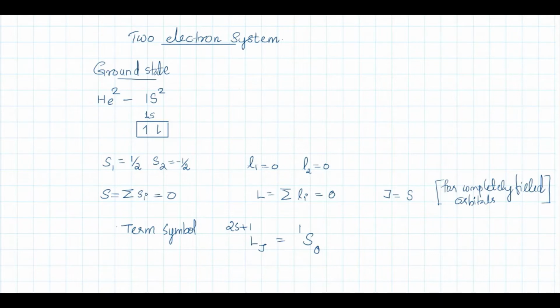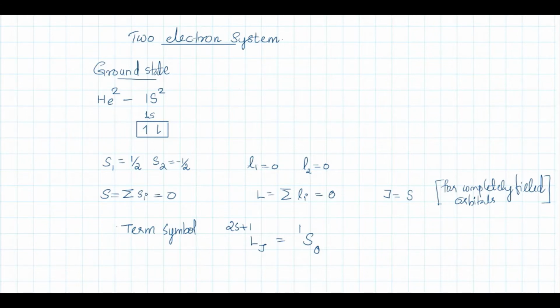Again I will denote these as L1 and L2 for the two electrons. For the first electron, since it is in the 1s orbital, the L value is 0, so the ml value is also 0. For the second electron also it is in the 1s orbital, so the L value and ml value are 0. L1 is 0, L2 is 0, the total L value is sigma Li and it will be 0.